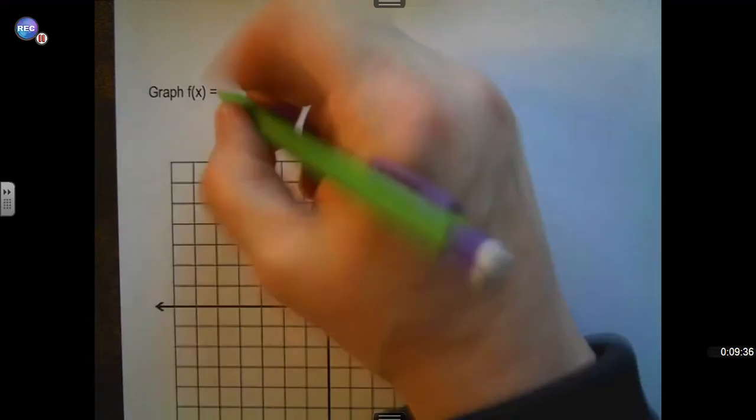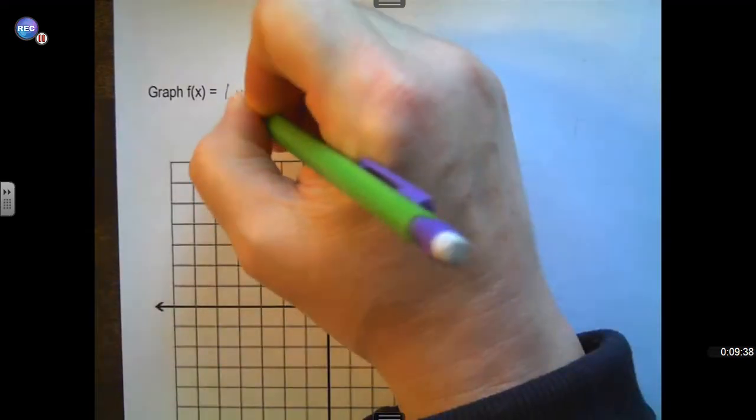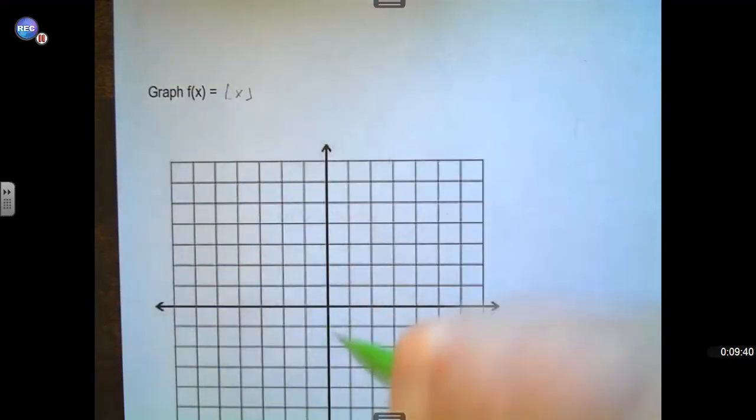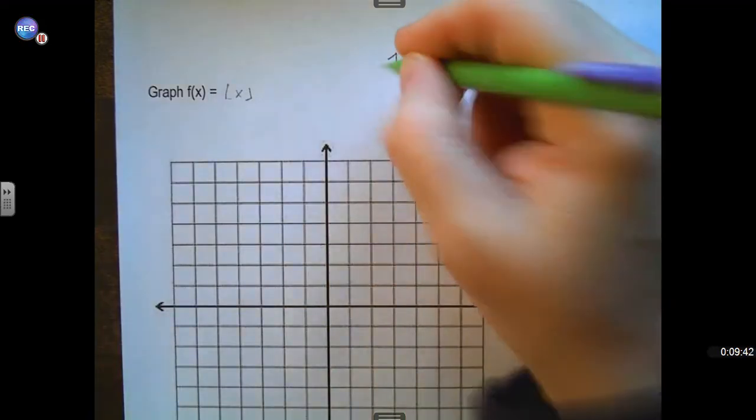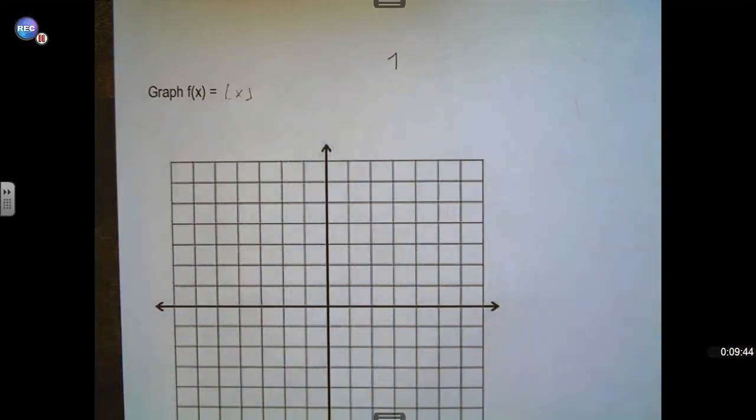So then for the floor function, if we were to make a chart of values for the floor function, the notation is like this. We're going to have a pencil issue here.